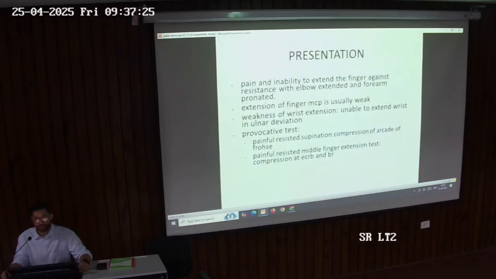So the patient will present with pain and inability to extend the fingers against resistance when the elbow is extended and the forearm is pronated. There will be weakness of wrist extension. Provocative tests that can be done here are painful resisted supination and painful resisted middle finger extension test.